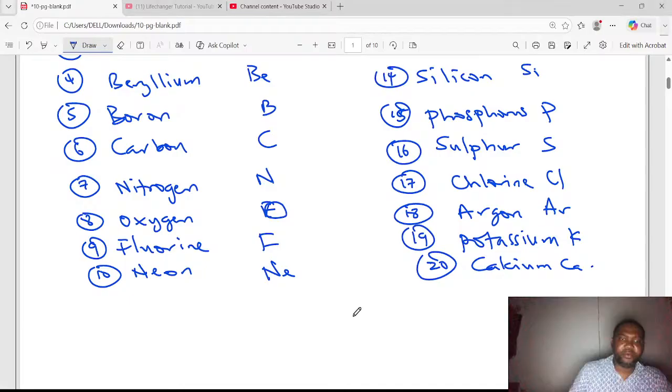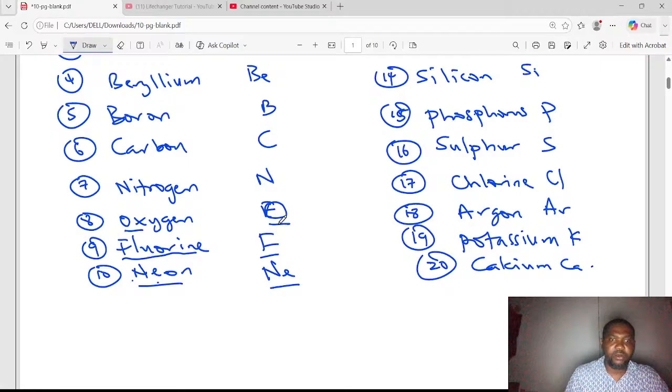For example, look at neon. You can see that Ne is coming from the spelling. Fluorine, you can see that F is coming from the spelling. Oxygen, you can see that O is coming from the spelling. Nitrogen, you can see that N is coming from the spelling. Can you see that?